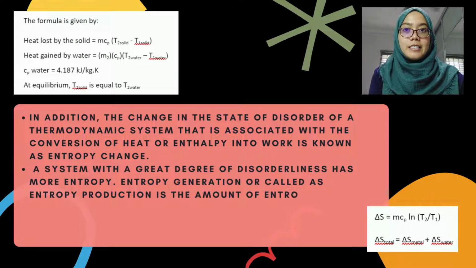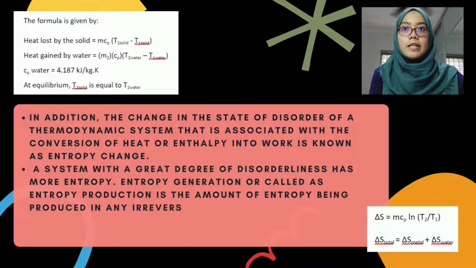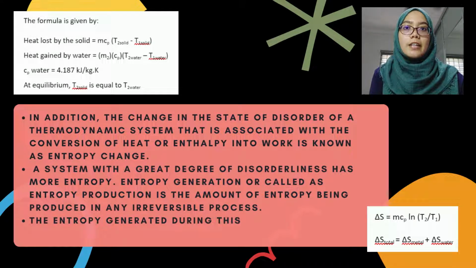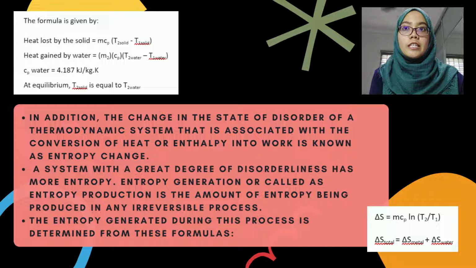In addition, the change in the state of disorder of a thermodynamic system that is associated with the conversion of heat or enthalpy into work is known as entropy change. A system with a great degree of disorderliness has more entropy.